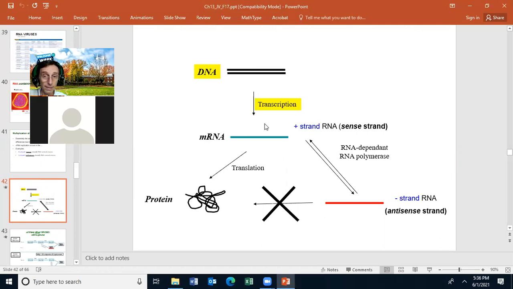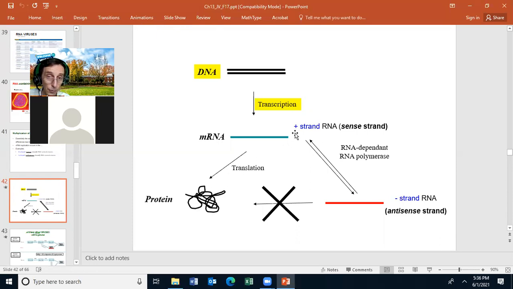For a positive single-strand RNA virus, the positive genome of the virus can be read by the ribosome and translated into the viral proteins, like the capsid proteins of the virus coat.